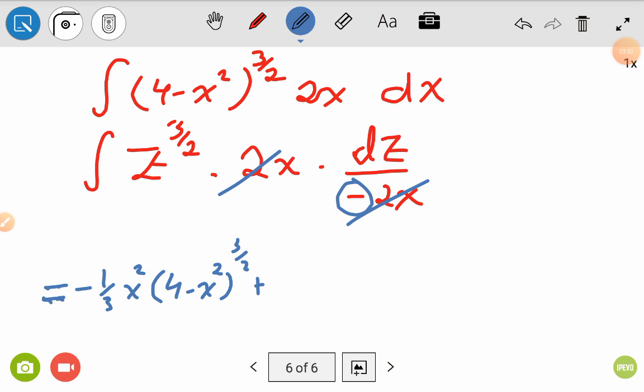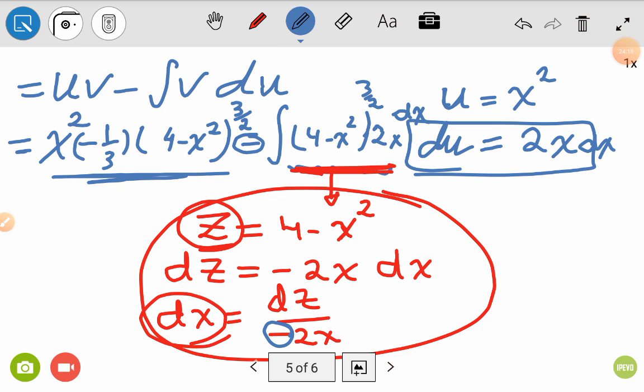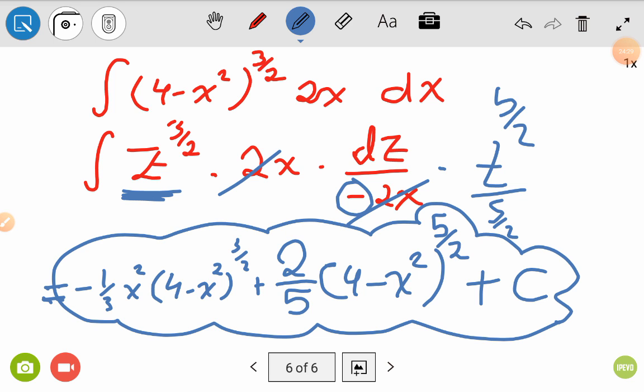It will be plus the integral of z, which will be z to the power of 5 over 2, and this all over 5 over 2, or 2 over 5. So we have 2 over 5, and the z is 4 minus x squared, and this all to the power of 5 over 2, and this all plus c. This is my final step.